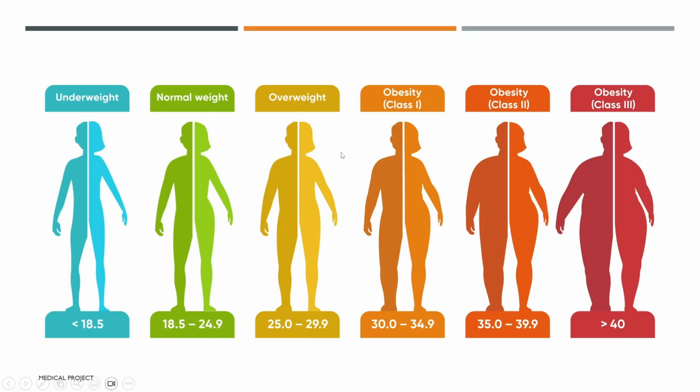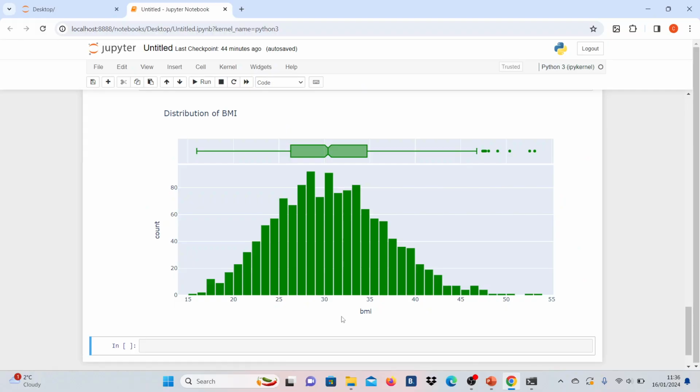When you look at the graph, you can see that huge spike showing that a lot of clients actually fall within overweight to obese. But then few of them actually fall within the range of being underweight, judging from the distribution of BMI.